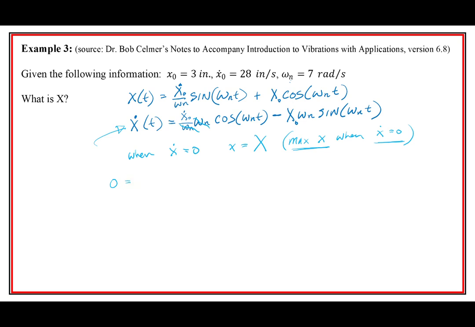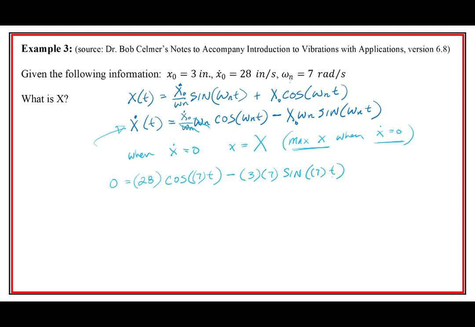We know x dot naught is 28, and we're going to take the cosine of 7 times the time, minus the initial position, which is 3, and then omega n is 7, times the sine of 7 times time.